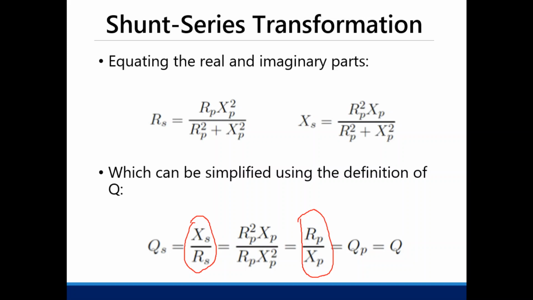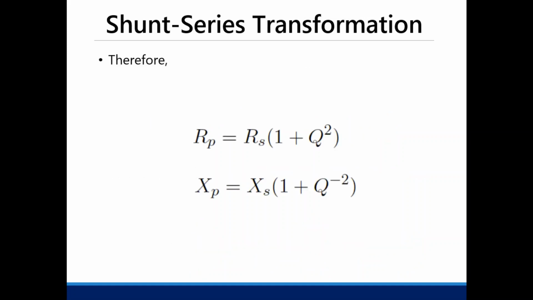The Q factor will be equal whether it's series or parallel, so we define it as the Q of your series or parallel components. Using this, your parallel resistance is equal to Rs times 1 plus Q squared, and your parallel reactance is equal to your series reactance times 1 plus Q raised to minus 2.